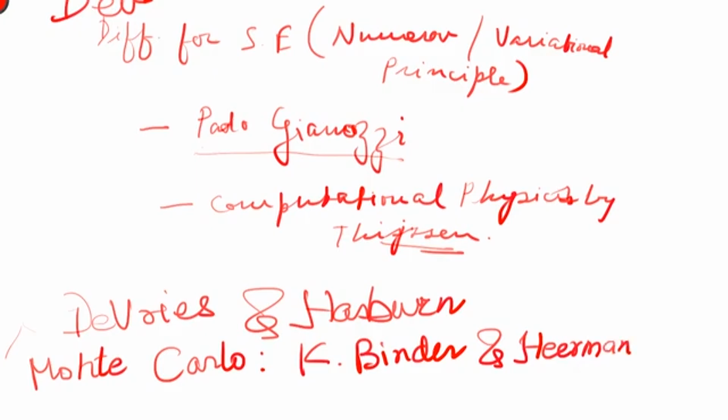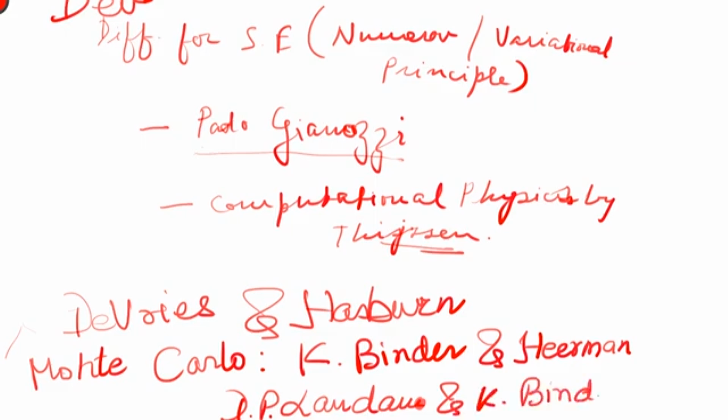There's also one by D. P. Landau and K. Binder, both on Monte Carlo simulations. I hope this answers the question. This list of books is also available in the course details or description.